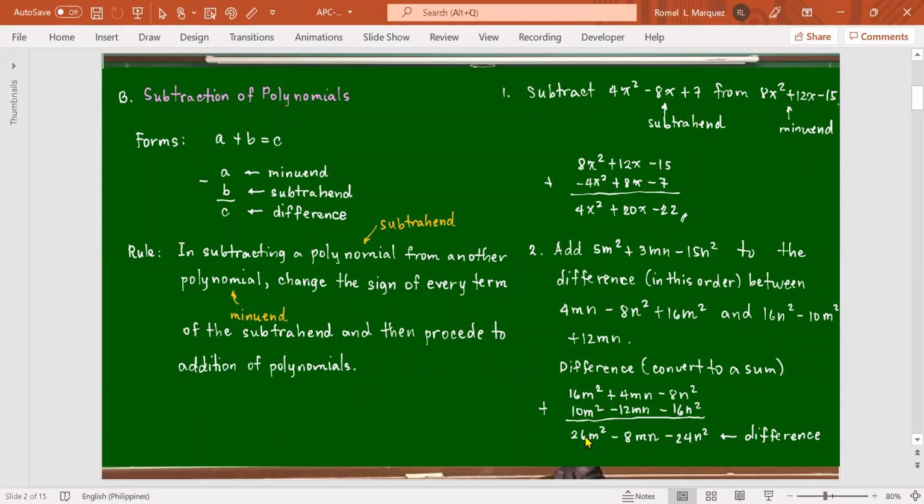Could you please remember this? 26, negative 8. Matatandaan niyo ba? Copy muna natin, because I think it's not easy to remember. Okay, guys? Copy. So this is the first addend.